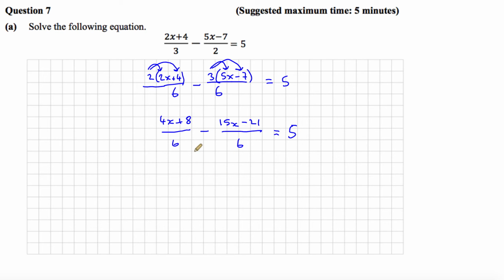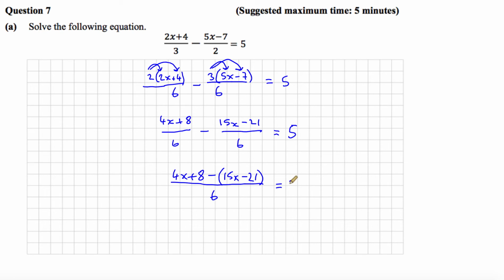So now we can put the fractions together. So it's going to be all over 6. And we've got 4x plus the 8. And we're going to subtract all of this from that, so we have to protect that with a bracket for subtracting. Minus all of it, so minus the 15x minus 21.